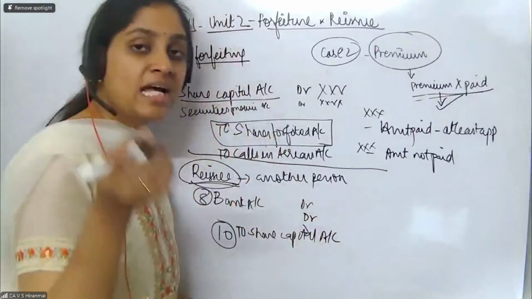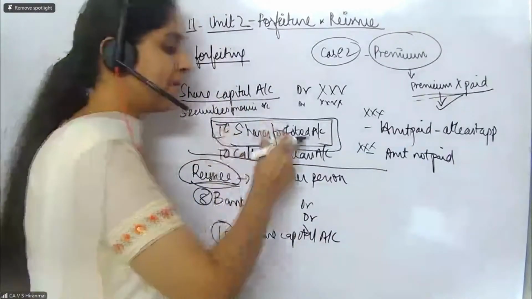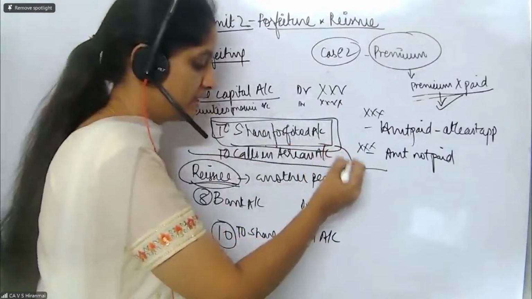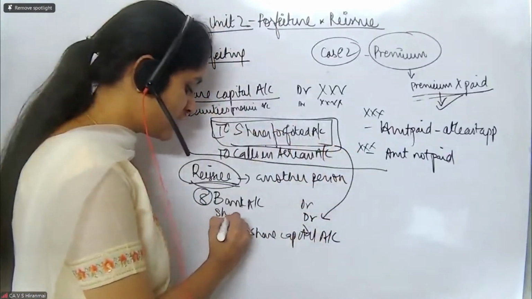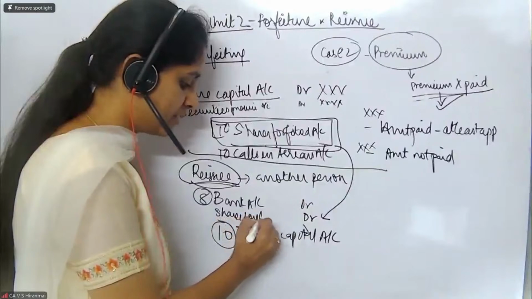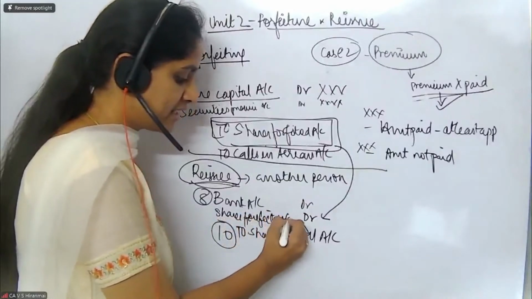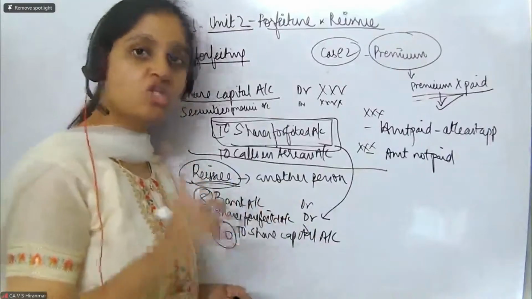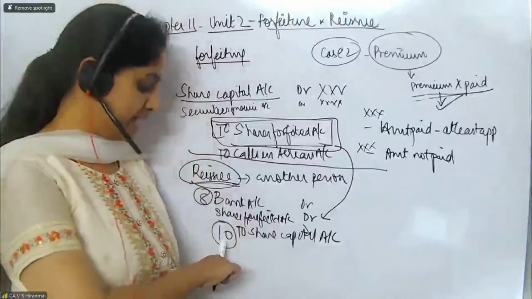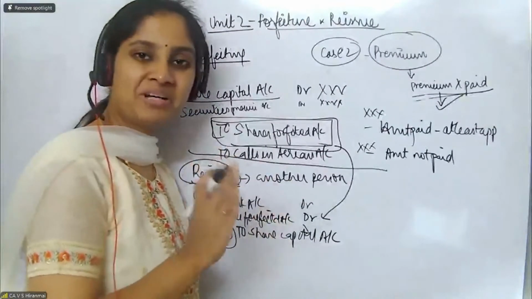This value that is already paid by this particular shareholder, I will bring it here. So I will be debiting shares forfeited account. Why? Because if there is a loss on reissue, that means the entire 10 rupees the shareholder is not ready to pay.